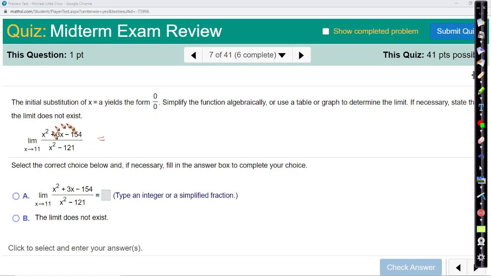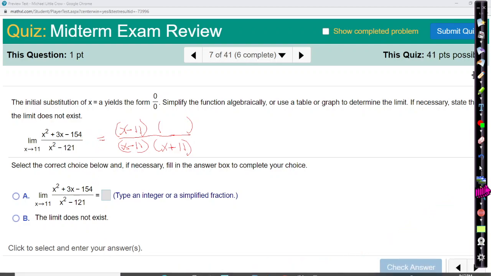But what we're going to do is it's a similar type deal. This is a difference of squares, so 121 is 11 squared, so that's x minus 11, x plus 11. Now, if this is going to work, we need an x minus 11 in the top. I just, by teaching so many years, you kind of figure these things out. This has got to factor into an x minus 11. So if it's an x minus 11, what is the next one? Well, what's 154 divided by 11? I don't know. Let's use a calculator.